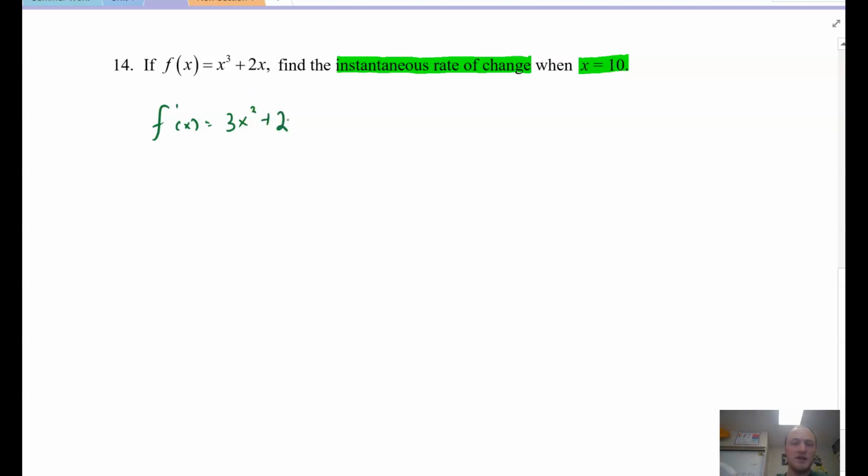And then they want it at this x value. So what do you think you do? Plug it in. So f prime of 10 gives us 3 times 10 squared plus 2. So there you have it. This is your instantaneous rate of change at 10.